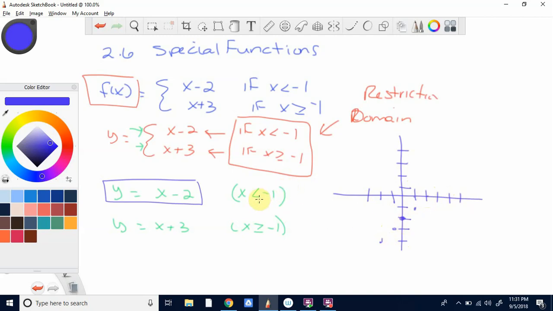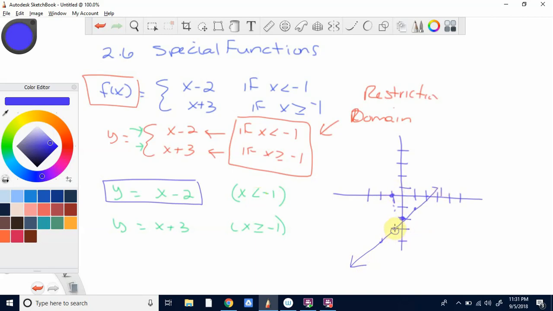Now, it says restrict my domain to the x value. So my domain is x less than -1. Where is -1? It's right here. So I'm going to come down to that graph. Because it's less than, it's going to be an open circle. My graph would do this.